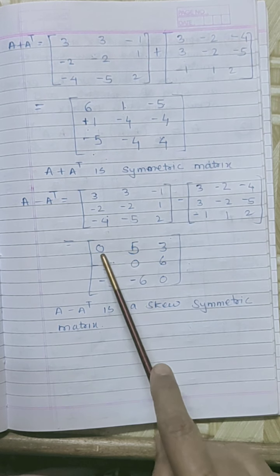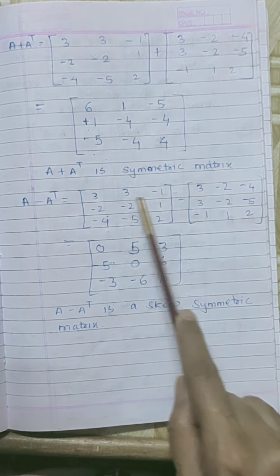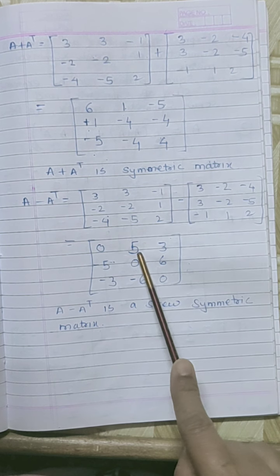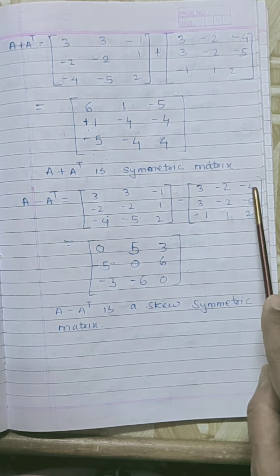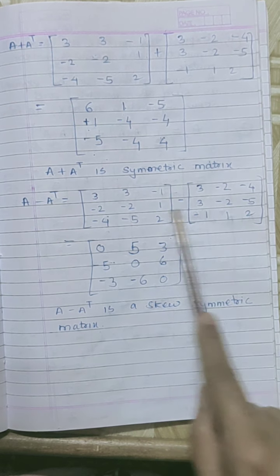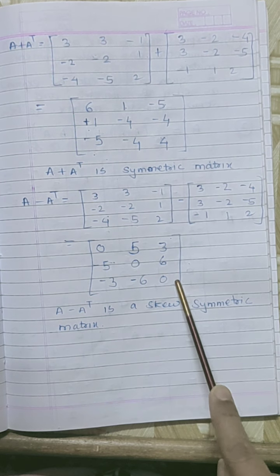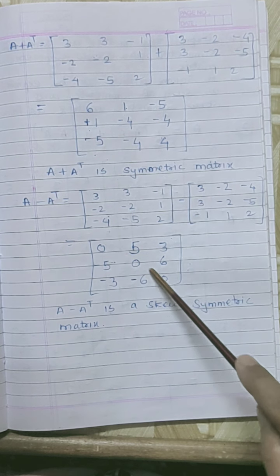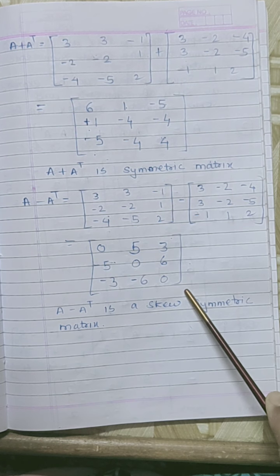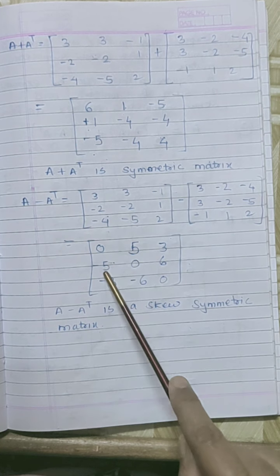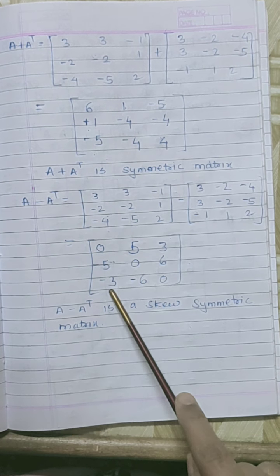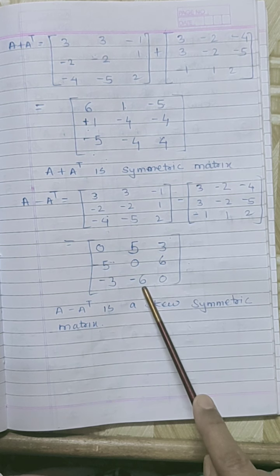So see, 3 minus 3 is 0, subtract it. 3 minus, and minus 2 means plus 2, it becomes 5, minus 1 plus 4 is 3. In the same way subtract all the elements. Now see here the diagonal elements are 0 and non-diagonal elements are plus 5, minus 5, 3, minus 3, 6, minus 6.